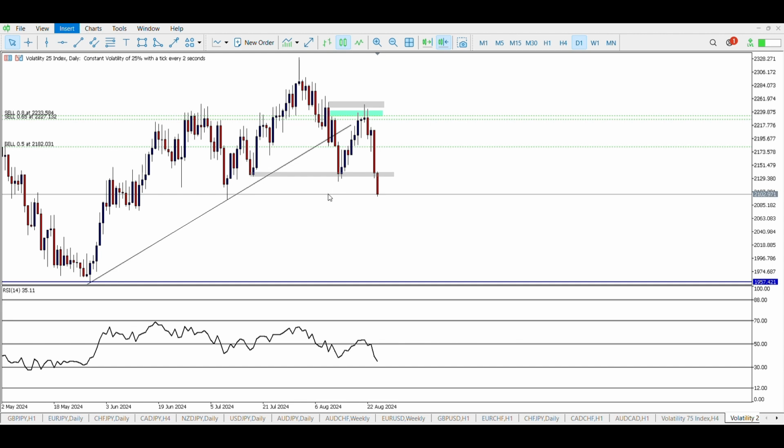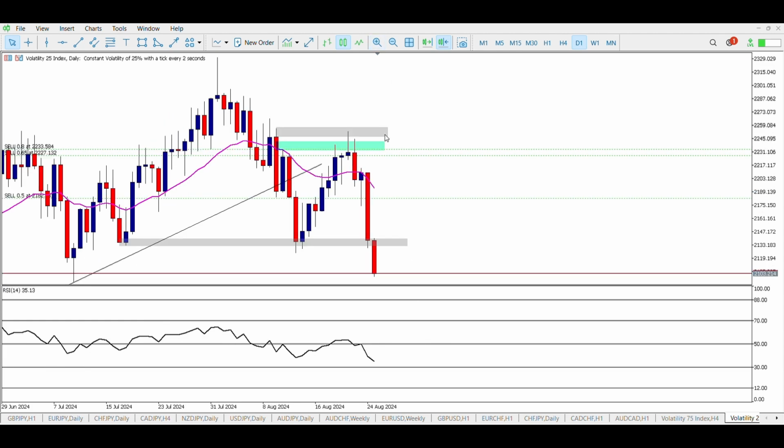Let me just turn on the 20 EMA. Nice. All right, so now pay attention, guys. If you look at the charts, the same pattern occurred. Over here we have a bearish engulfing candle closing below the 20 EMA, followed by a close below the 50 RSI line.